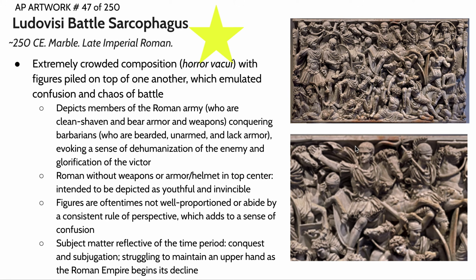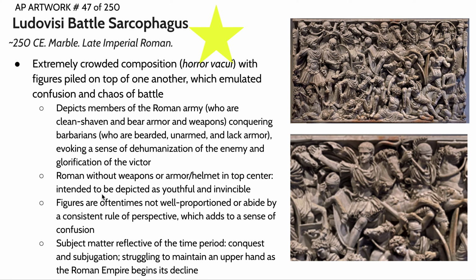And he's not even wearing a helmet, so he's pretty cocky. And in a sense, he's intended to portray this youth that is invincible. He's also very large for his horse, which is a common design motif that happens in ancient Rome, as we saw with other artworks.